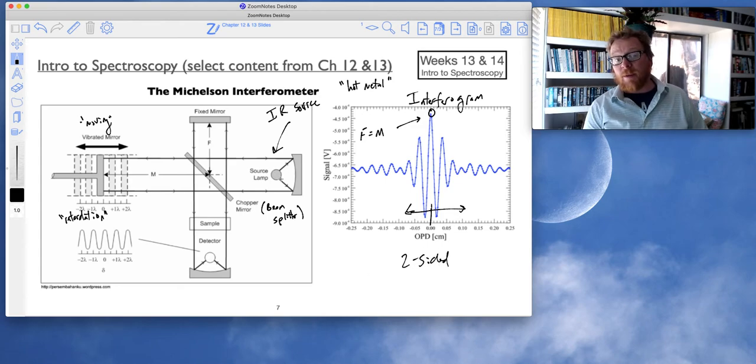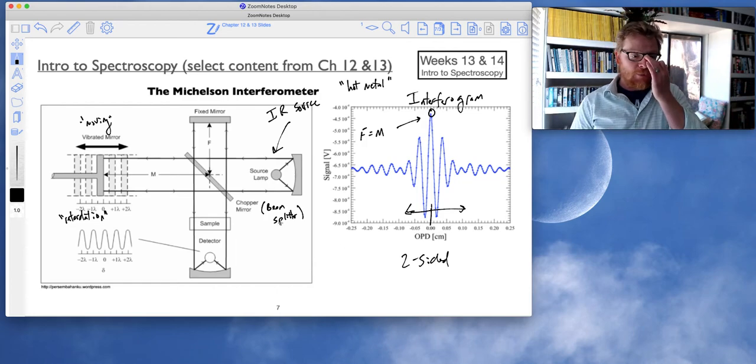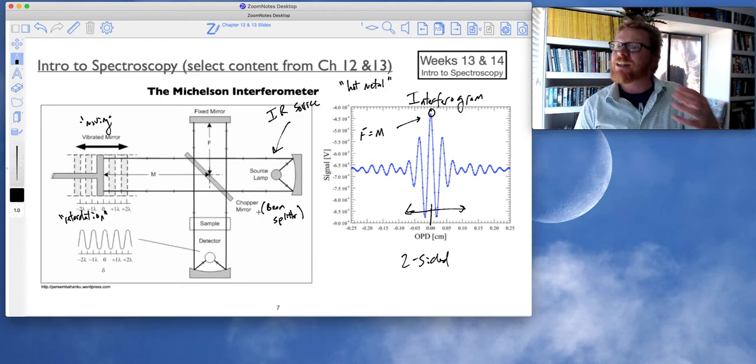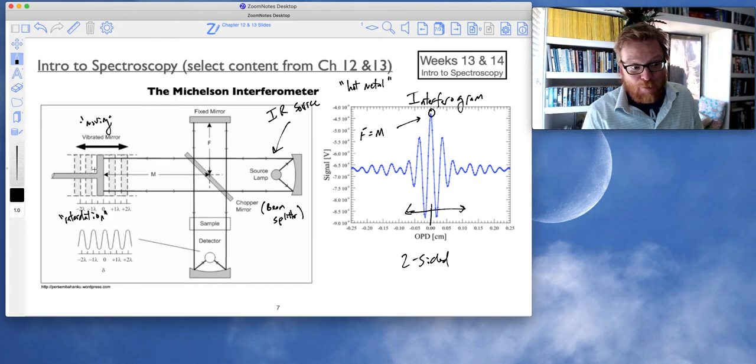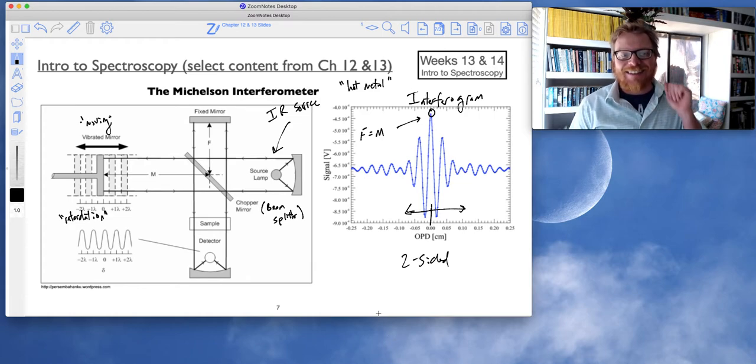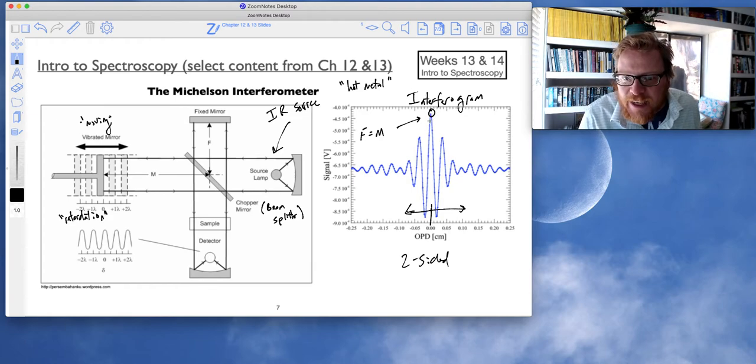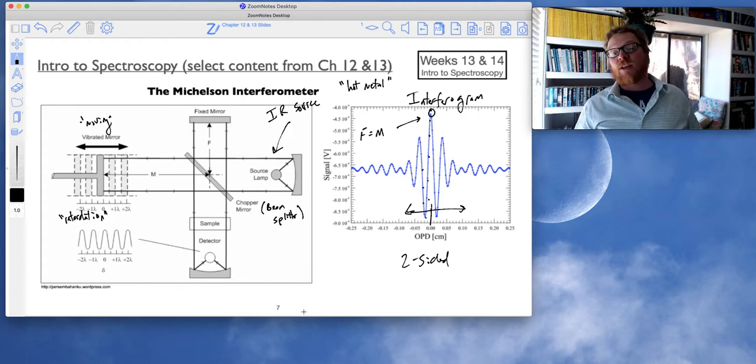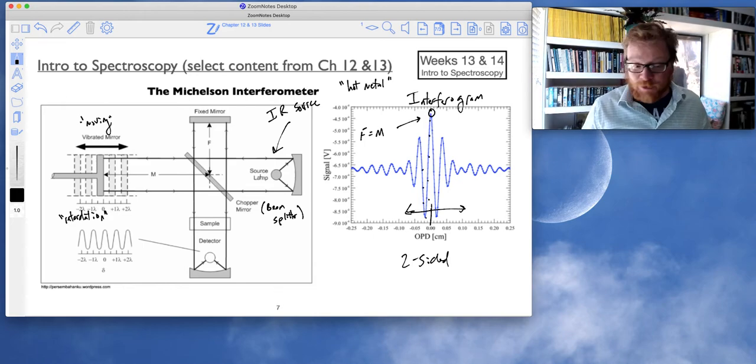And so what this ends up doing, because our IR source is broad, so it has a whole plethora of different wavelengths, is that those are all interfered with constructively and destructively in different ways as this mirror is vibrating back and forth. And so what this does is it creates insanely high spectral resolution. Because as you can see, each one of those data points will give us a unique combination of wavelengths that make it through and onto the sample.